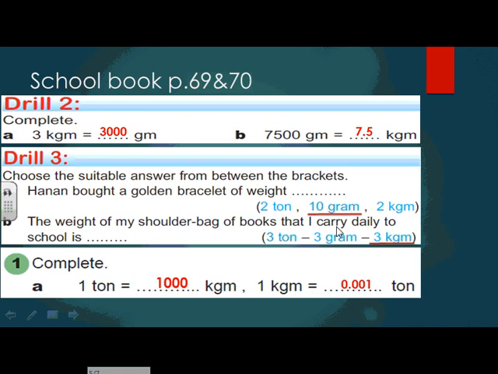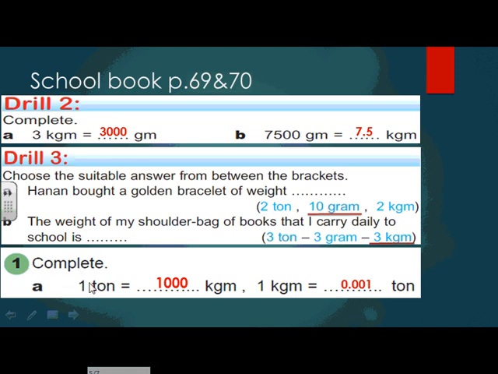So this time I'm going to choose 10 gram. The weight of my shoulder bag of books that I carry daily to school, is it 3 ton? Is it 3 gram? Is it 3 kilogram? Of course, it's about 3 kilogram.